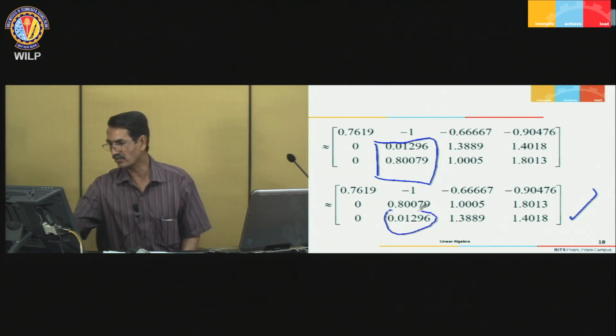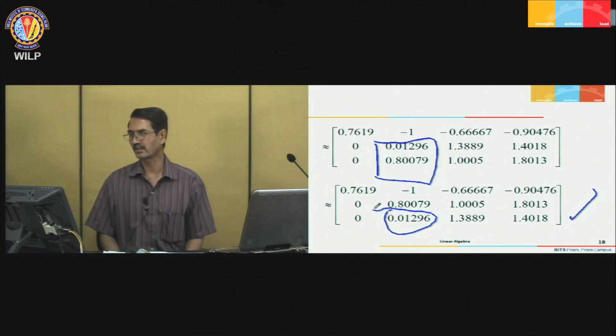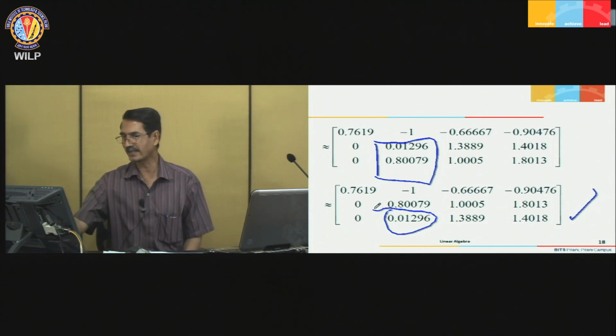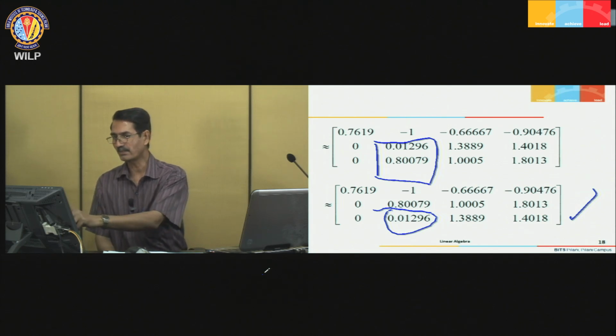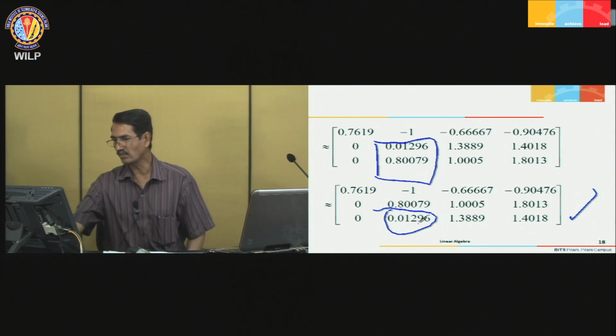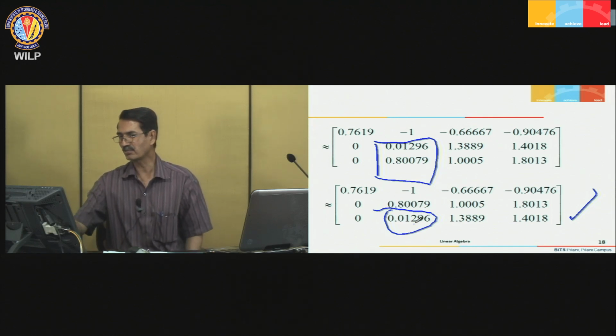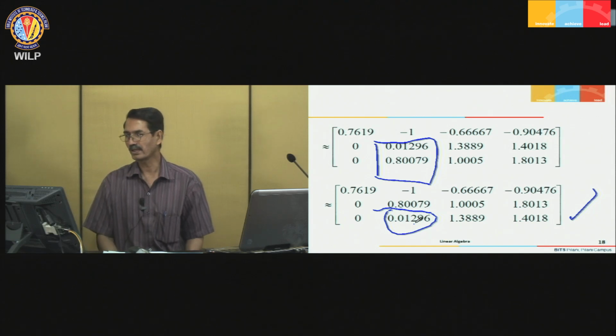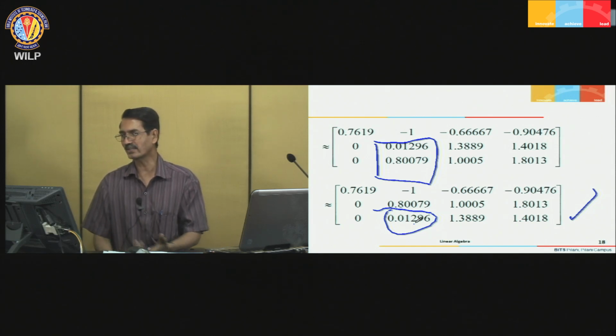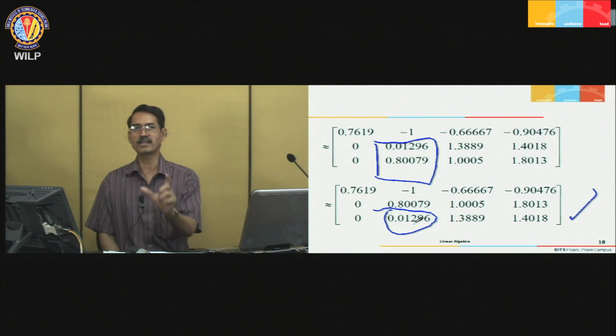How to create 0 here? Multiply the second row by 0.01296 over 0.80079, then subtract it from the third row. You see that you are going to get 0 here.